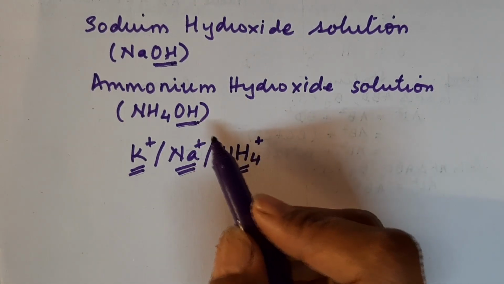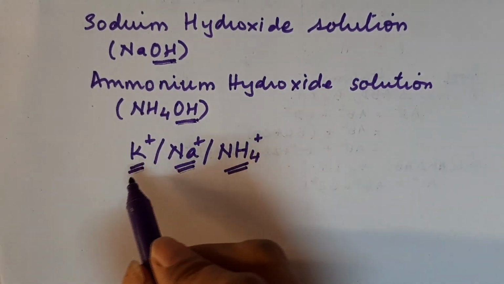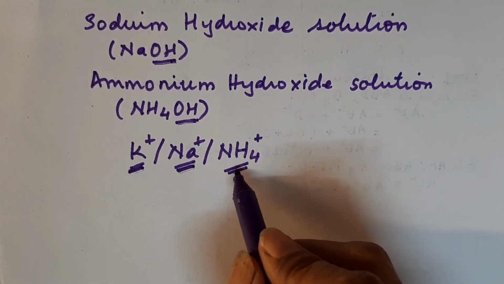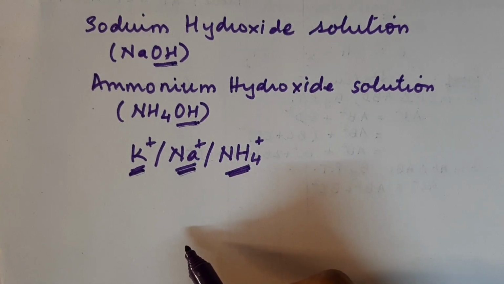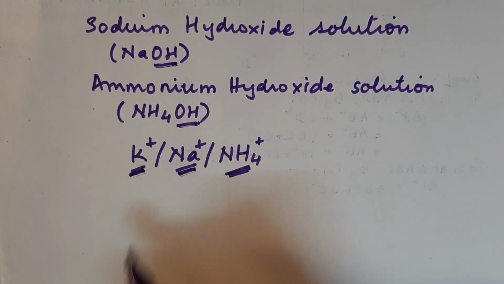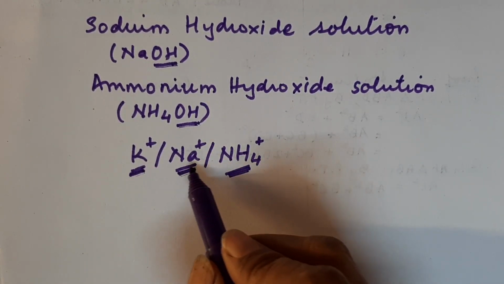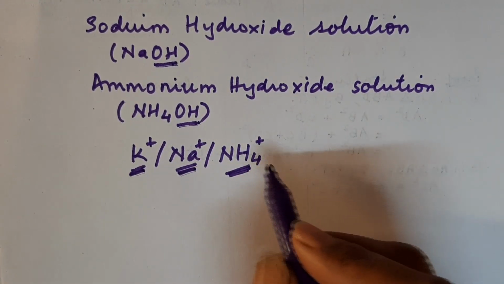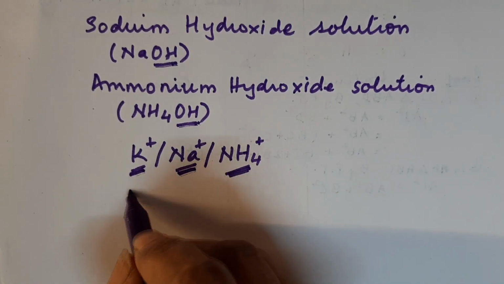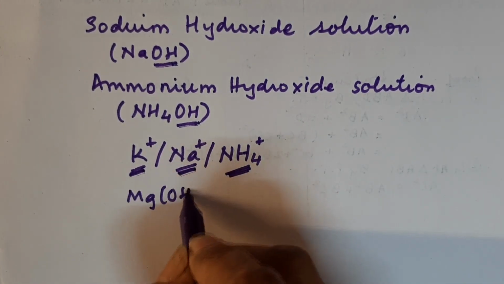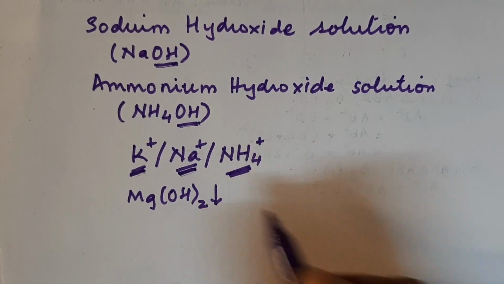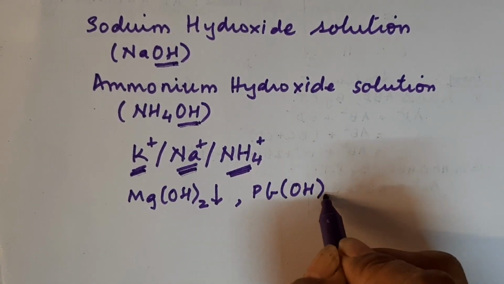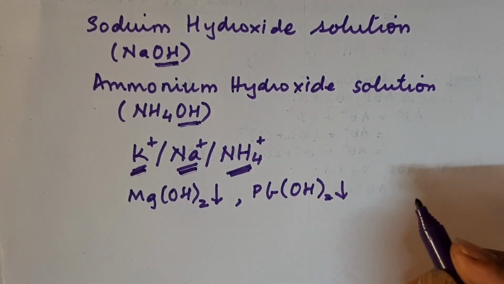Now, hydroxides of all metals except potassium, sodium and ammonium are insoluble, which means KOH is going to be soluble, NaOH is going to be soluble, NH4OH is going to be soluble, but Mg(OH)2 will be insoluble, so that will be a precipitate.